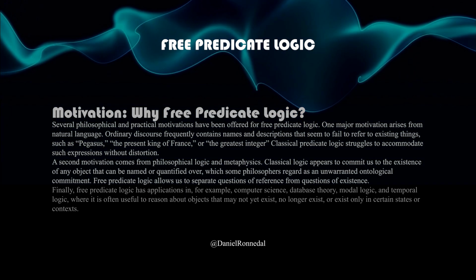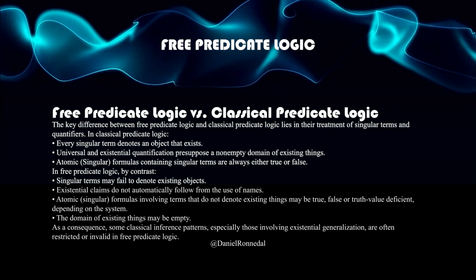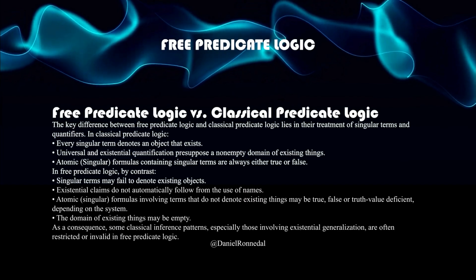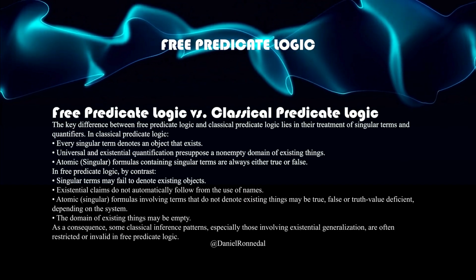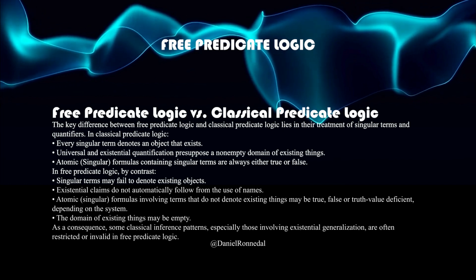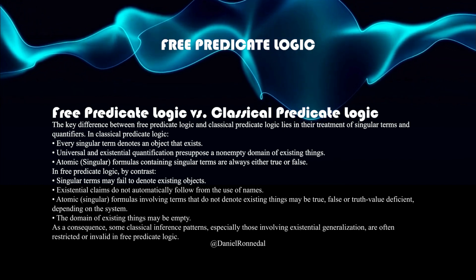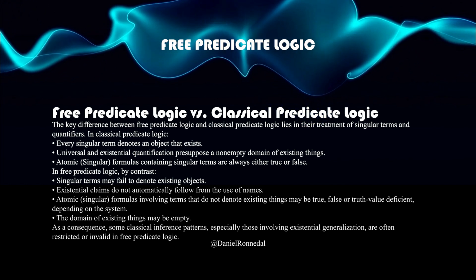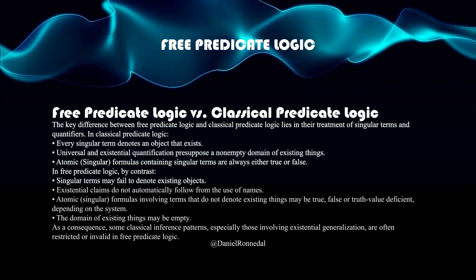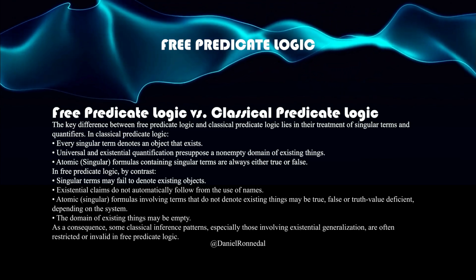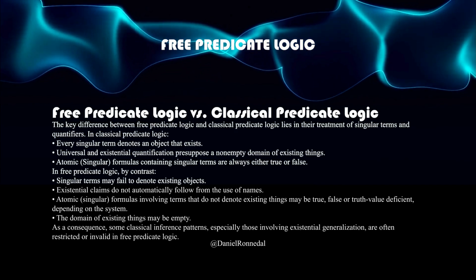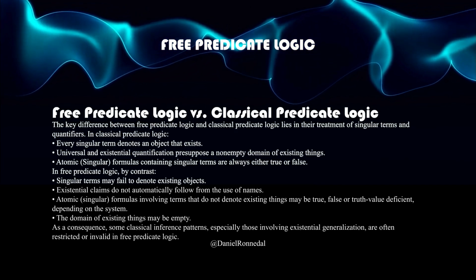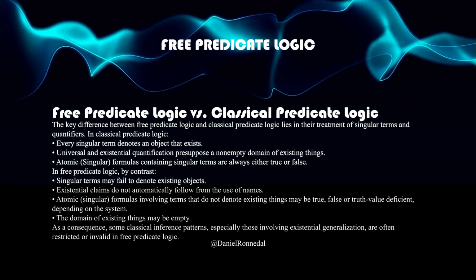The key difference between free predicate logic and classical predicate logic lies in their treatment of singular terms and quantifiers. In classical predicate logic, every singular term denotes an object that exists. Universal and existential quantification presuppose a non-empty domain of existing things, and atomic formulas containing singular terms are always either true or false.